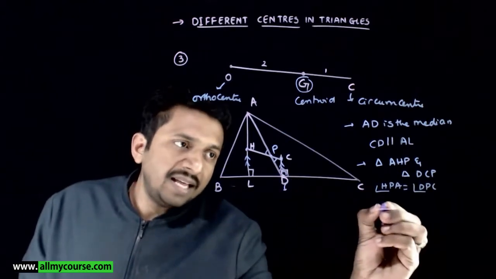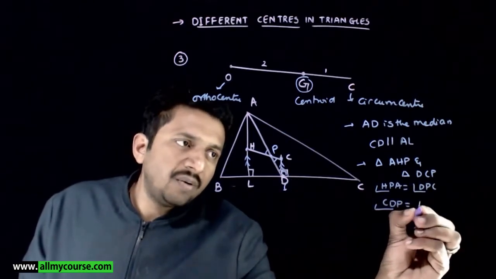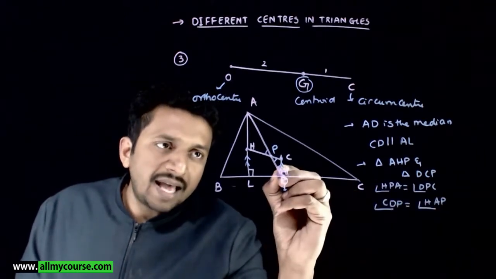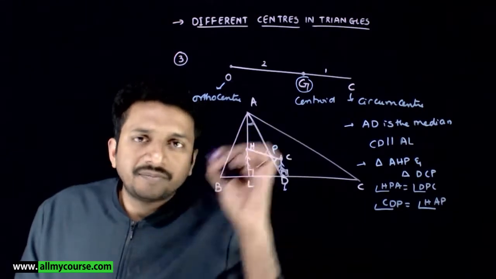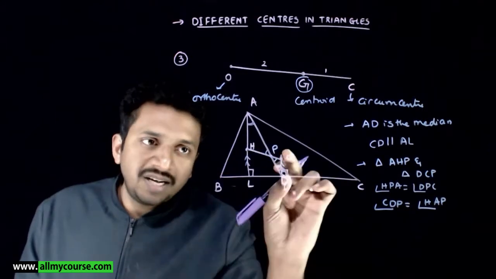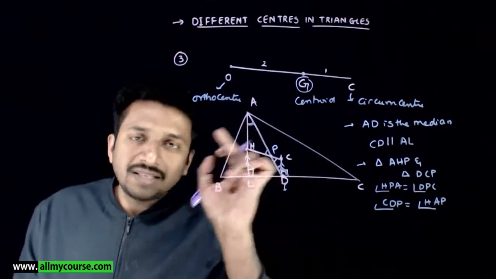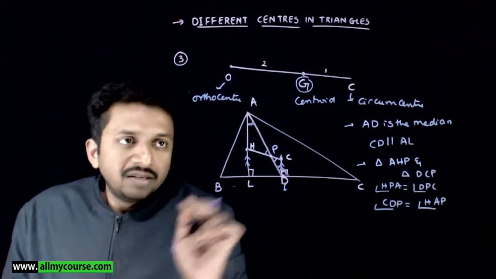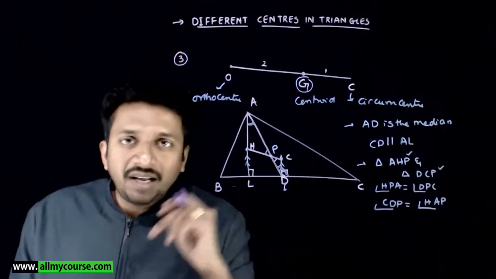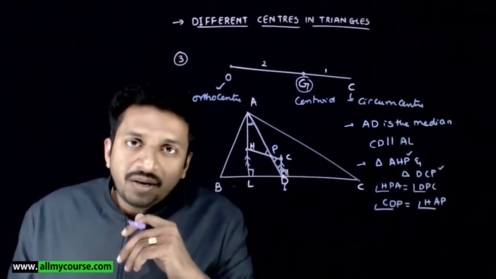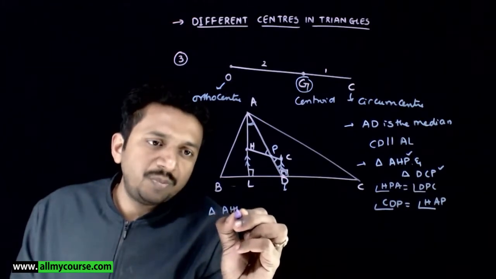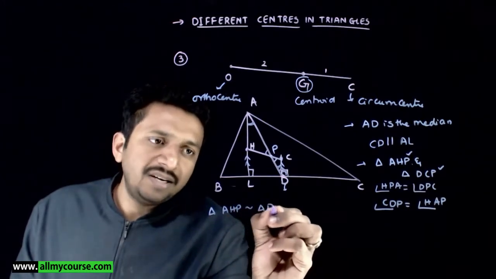Next, angle CDP is equal to angle HAP, because they are alternate angles, since CD is parallel to AL. So in these two triangles, two angles are equal, so automatically the third angle will be equal. Hence triangle AHP is similar to triangle DCP.